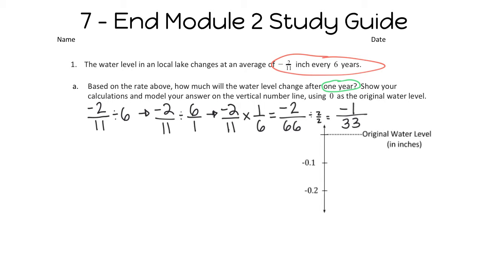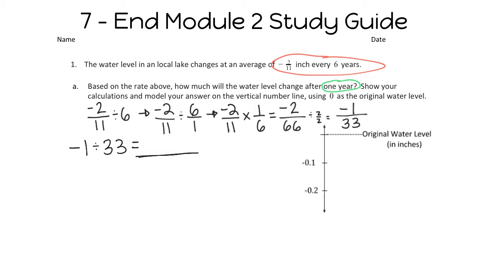Now we need to calculate in decimal form in order to find where we are going to plot on the vertical number line here. So first of all, I know when I set up my equation, I have -1 divided by 33. And we are trying to find the answer in decimal form for that.